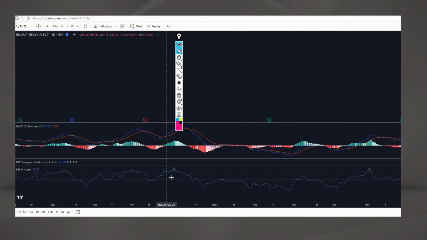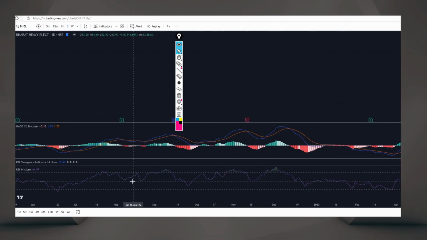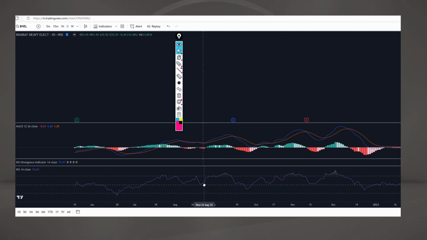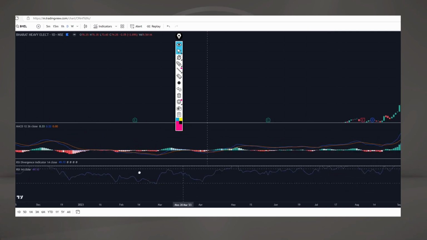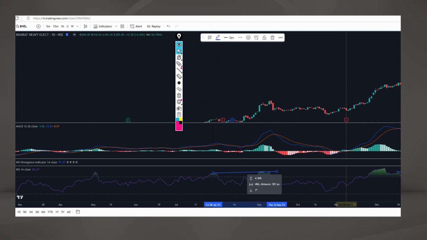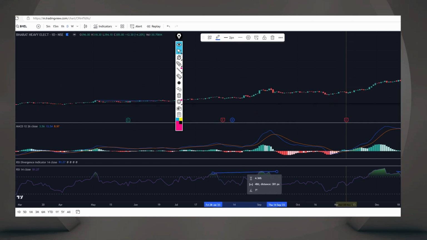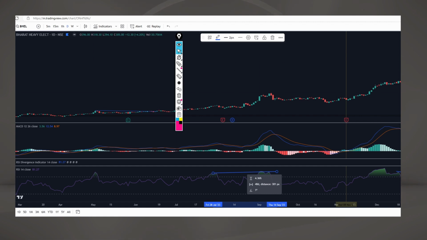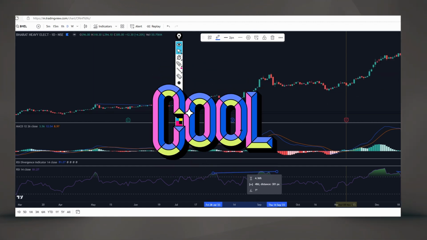it hardly ever went below 30. Yeah, so here we can, not really, let's stick to the upward one. So here we have two peaks, let's say. So what we do is we join the bottoms of those two swings.